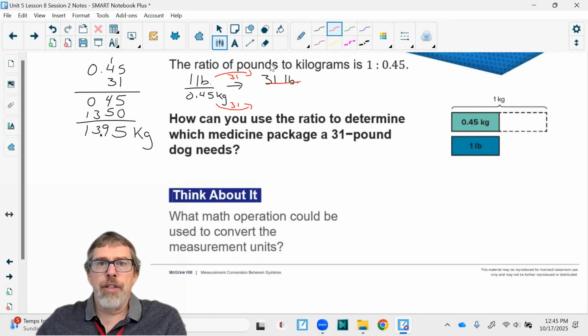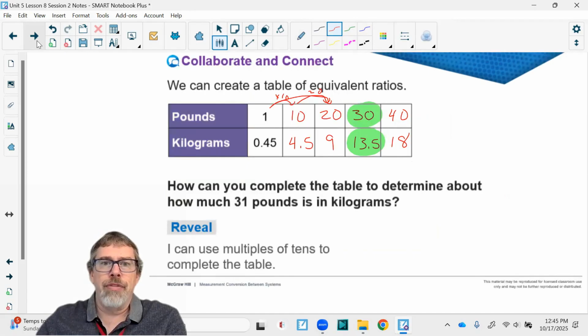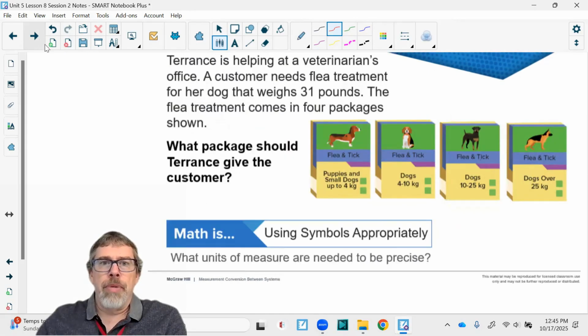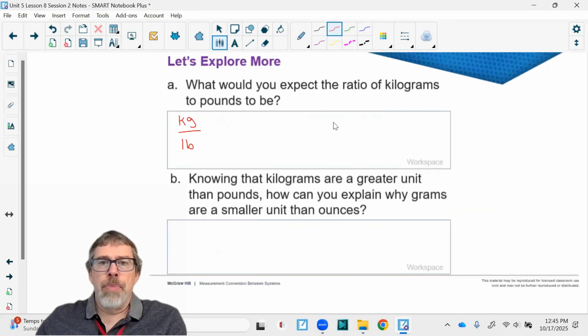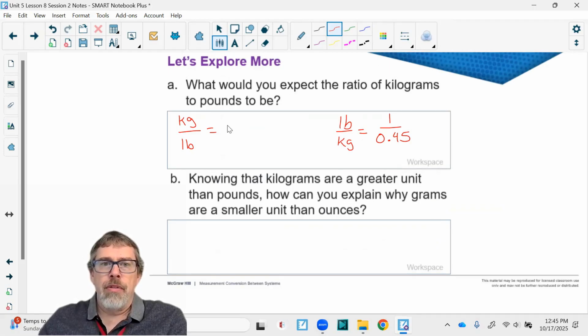Yeah, the ratio of pounds to kilograms is 1 to 0.45. So let's go back to here. Pounds to kilograms was 1 to 0.45. So for kilograms to pounds, what we want to know is how many pounds are in 1 kilogram.